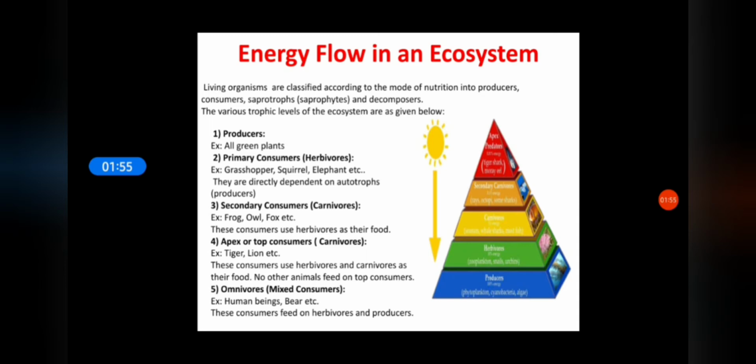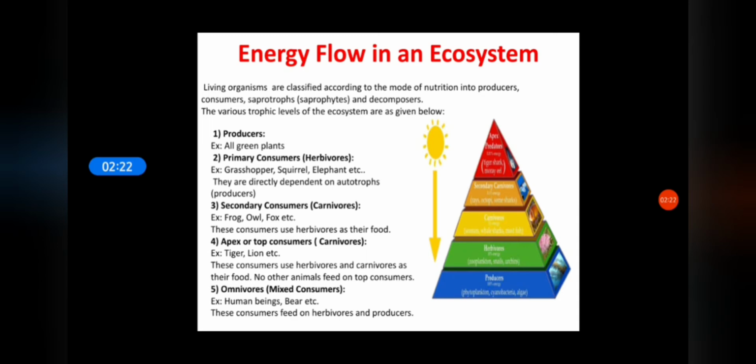Depending on mode of nutrition, all the biotic factors of an ecosystem can be classified as producers, consumers, saprotrophs and microorganisms. Saprotrophs means the organisms that feed on or derive their nourishment from decaying organic matter. Example, fungi.